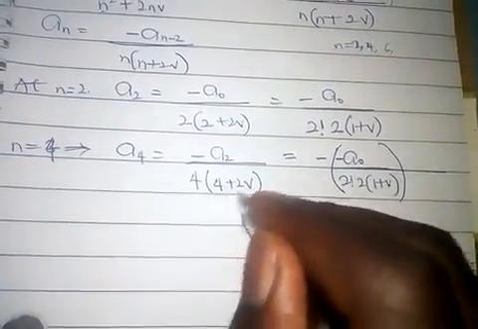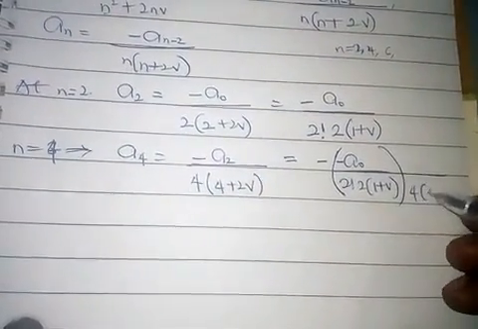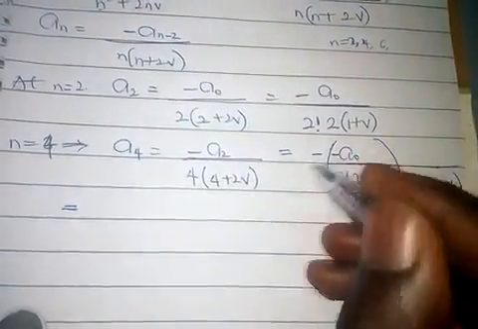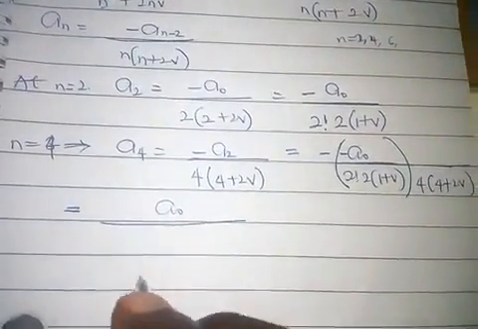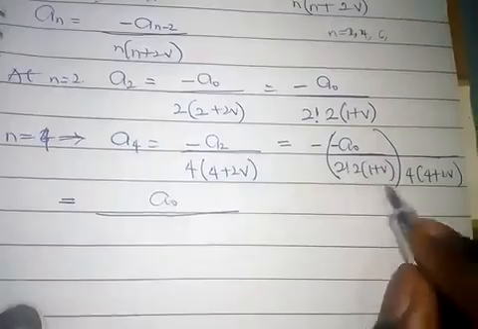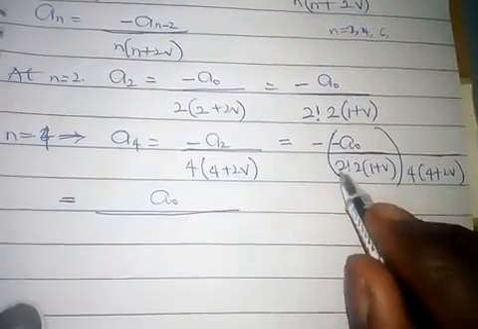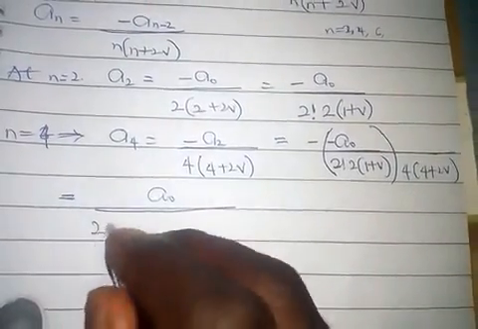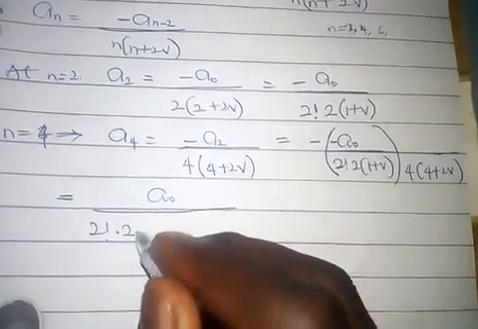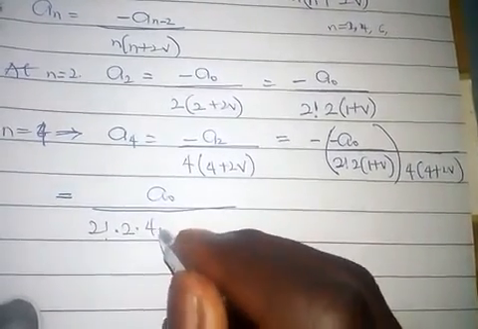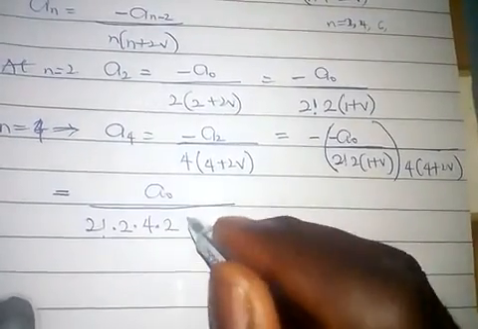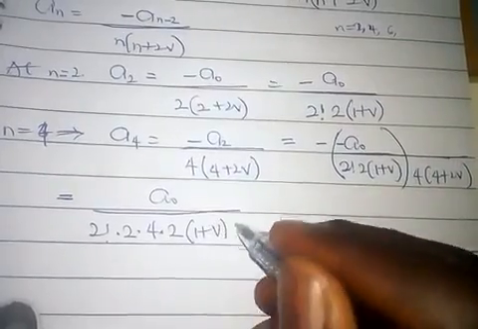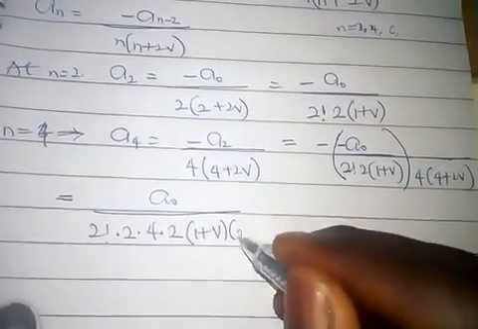Then we still have things under, so we just write it, and this is equal, minus minus is out, a_0 all over, can we do something here, factor 4, okay, 2 factorial times 2 times 4 times, okay, we can factor 2 out, into 1 plus v, then factor 2 out will be 2 plus v.